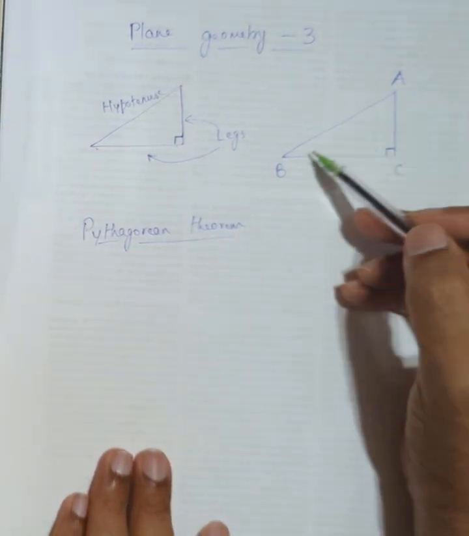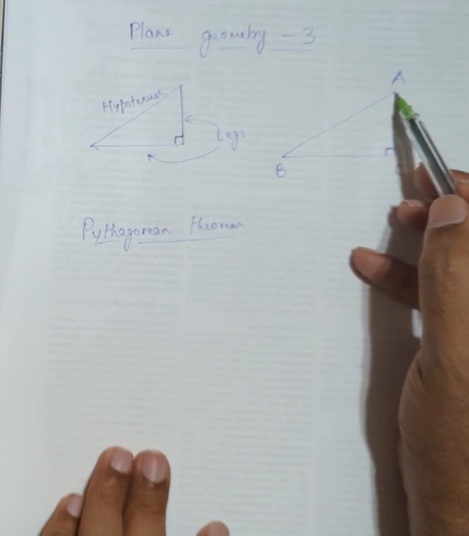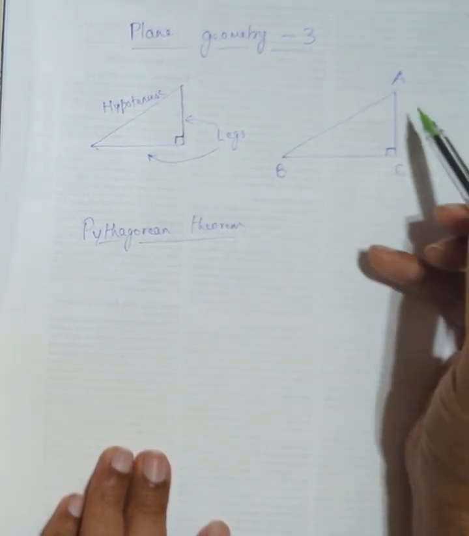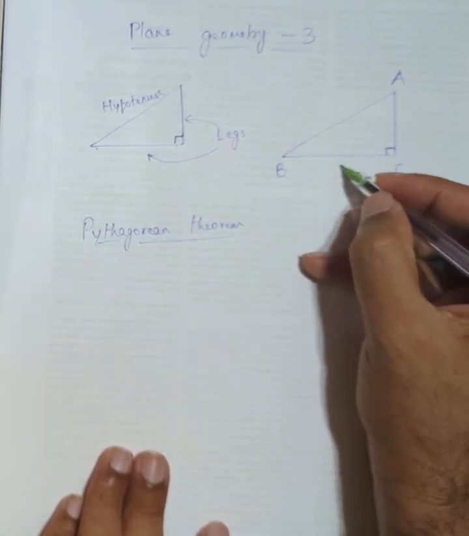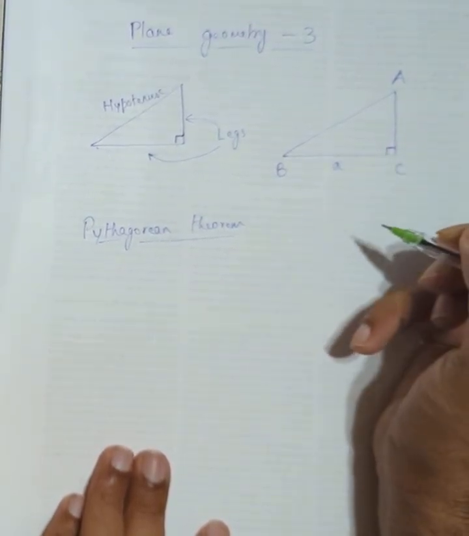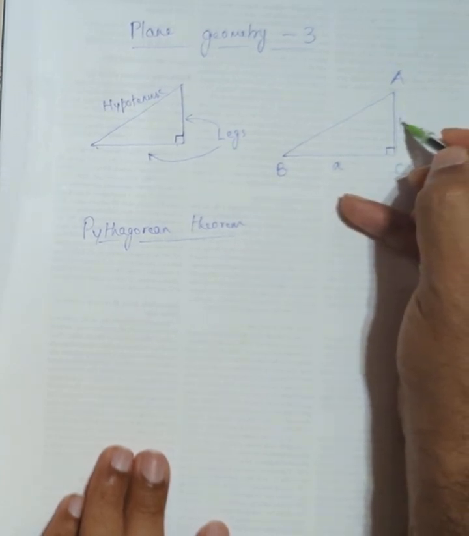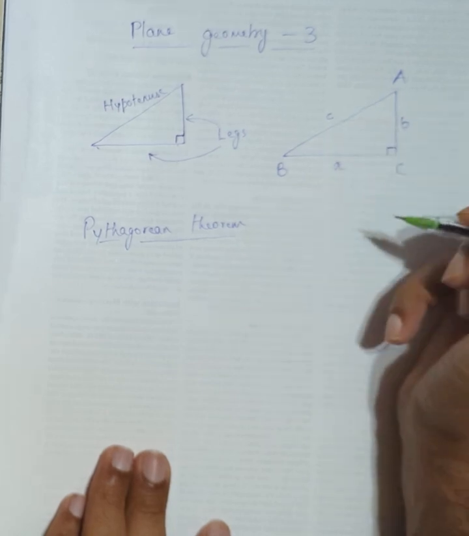Let's look at this picture of a right triangle. I have labeled the angles with uppercase letters A, B, and C. The side opposite to uppercase A is denoted by lowercase a, and similarly this leg will be lowercase b and the hypotenuse will be lowercase c.